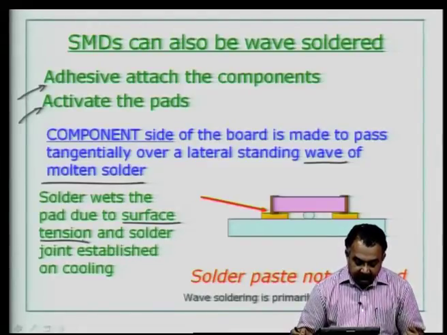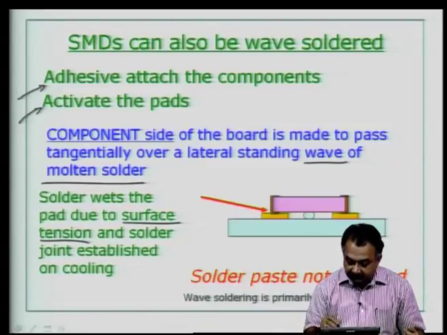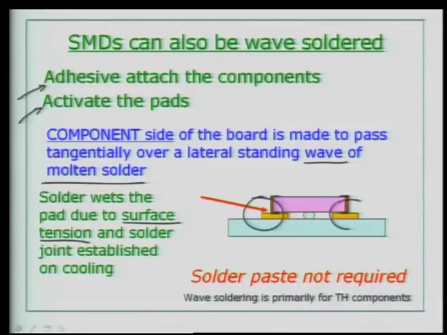And here in this case, the wetting is taking place due to surface tension, and it is basically happening at this point. So, you can imagine the component side touching the wave, and then the wave actually adheres to the copper here, and then it pulls the required amount of solder based on the available area of the metal contact, and then establishes a connection at the edges.